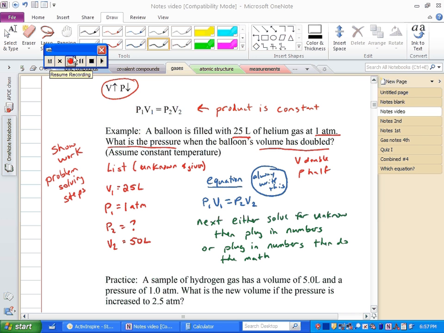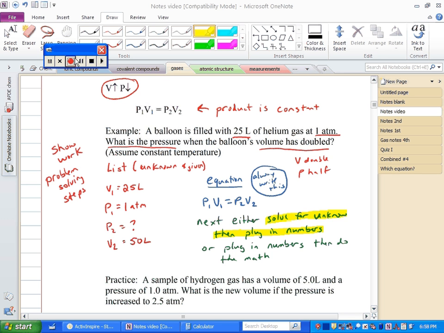You can solve for the unknown, then plug in the numbers, or you can plug in the numbers, then do the math. I like to solve for the unknown, then plug in the numbers.